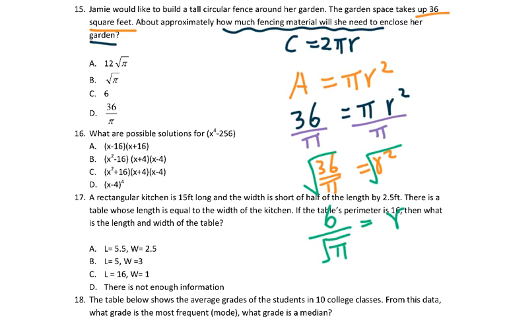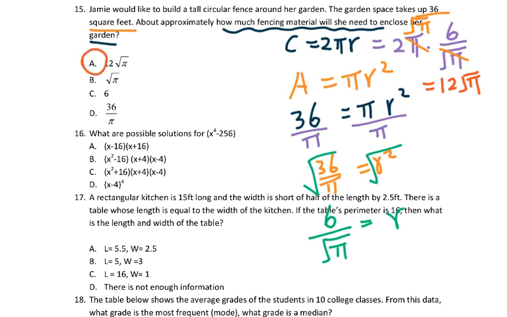Then we plug into the circumference. I will get 2 pi times 6 over square root of pi. Then reduce. I will get the square root of pi over here. Therefore, your answer will be 12 square root of pi.